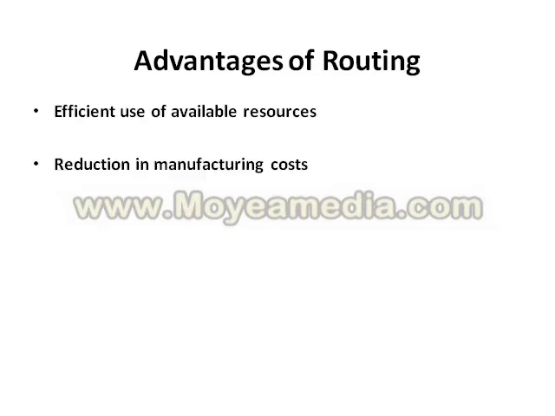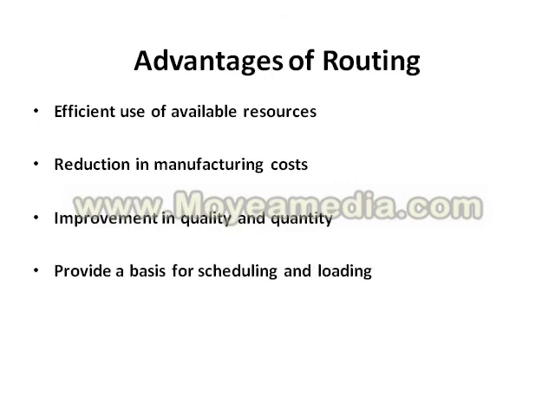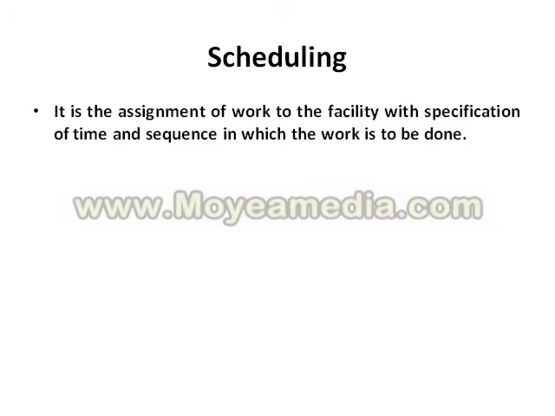You can reduce the manufacturing cost by improving your inventory and all, improvement of quality. The perfect definition is it actually involves establishment of the amount of work to be done and the time at which each element of the work will start, and it also assigns to which type of machine or which type of process you are assigning a particular job to be done.